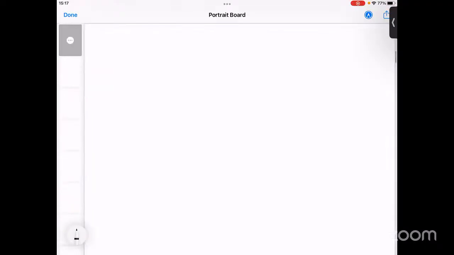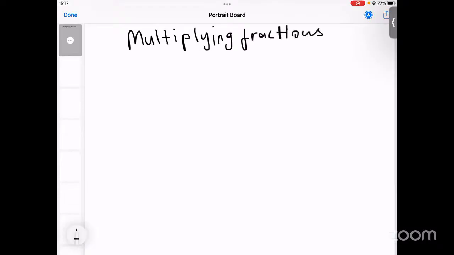Okay, maybe let's start with multiplying the fractions. Multiplying fractions, yes. And then later, we will look into dividing the fractions.